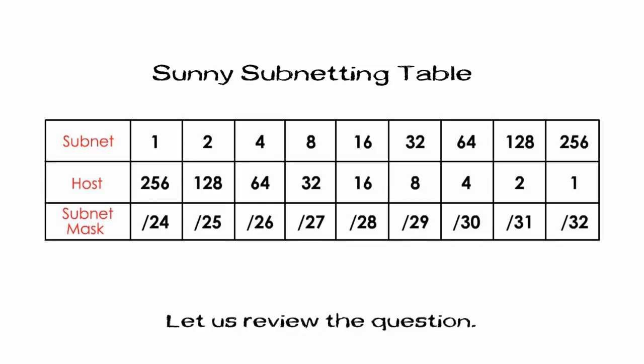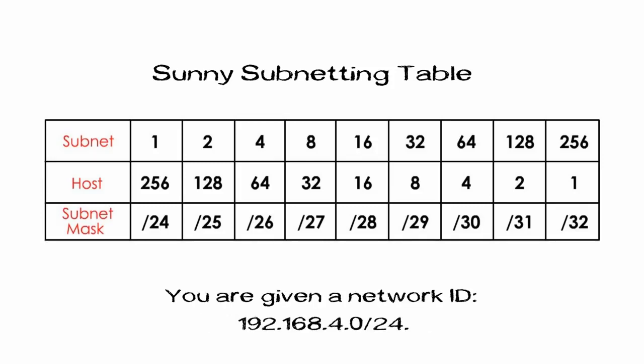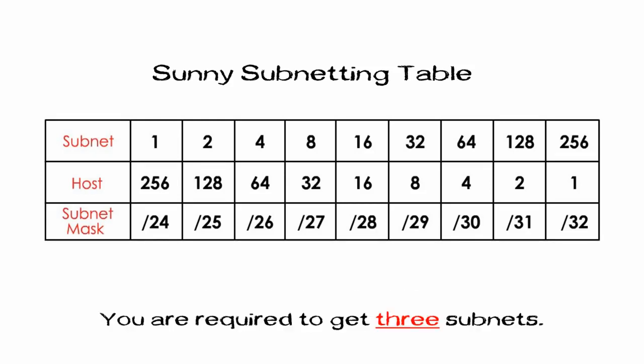Let's go back to the question. You are given a network ID 192.168.4.0/24. /24 is the subnet mask. You are required to get 3 subnets. 3 is the keyword.